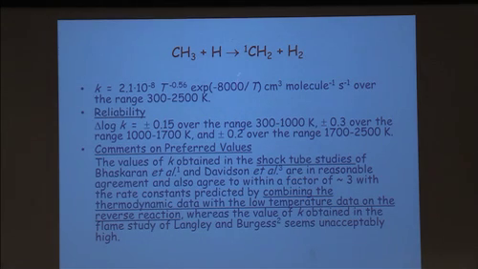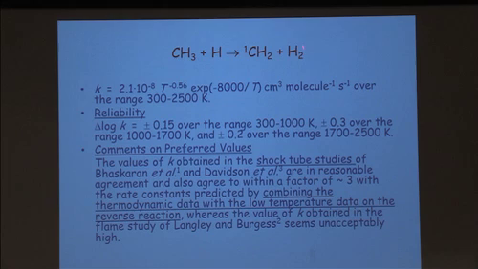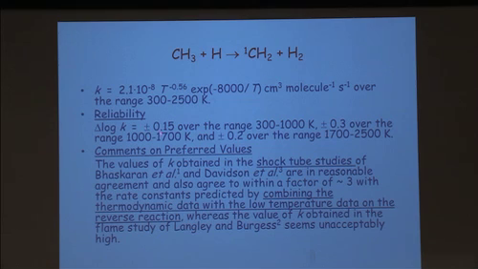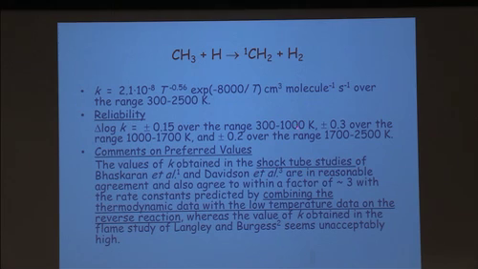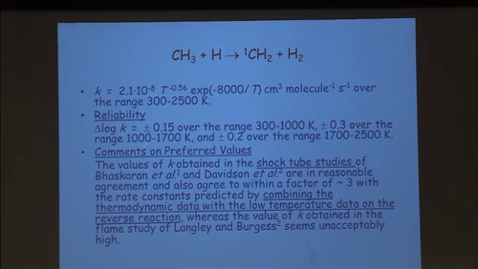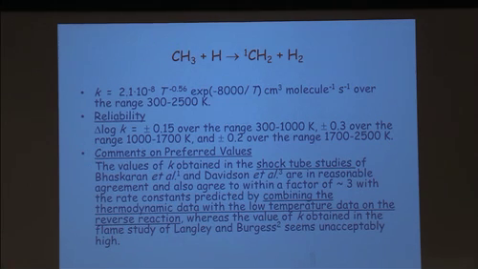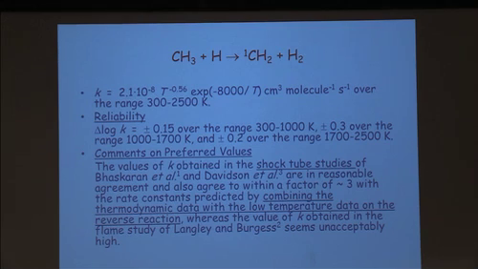For CH3 plus H going to singlet methylene plus H2, here's the recommendation, and the reliability is 0.15 over the range 300 to 1,000 K, 0.3 over the range 1,000 to 1,700, and 0.2 over the range 1,700 to 2,500 K. And this is simply because of the way in which the rate parameters were determined.